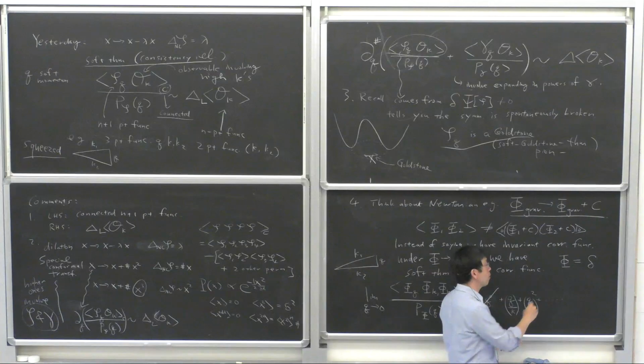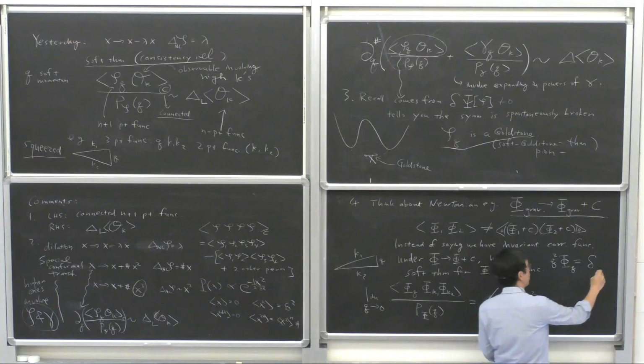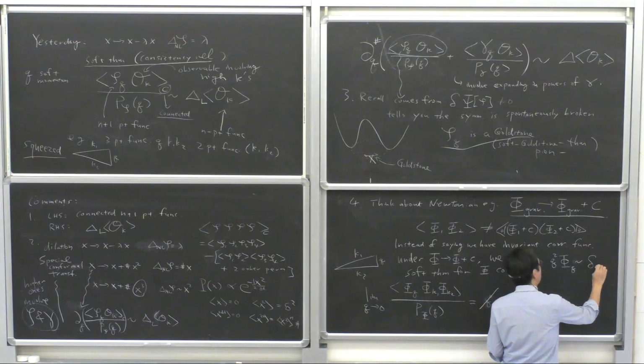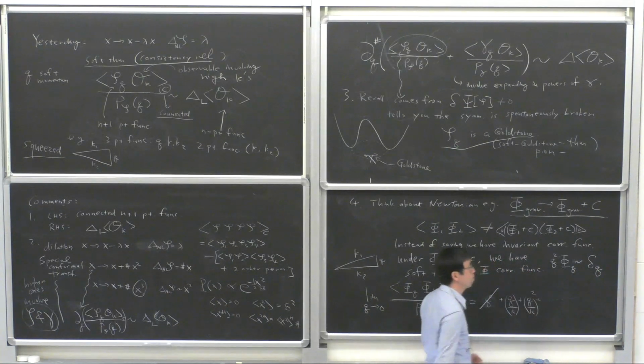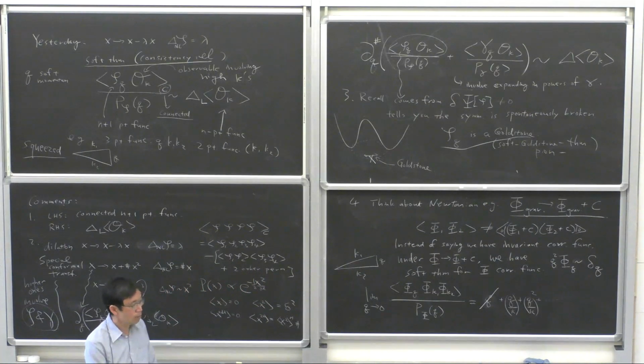So in Fourier space, you would say the Laplacian of phi, which is q squared times phi of q, dropping constants, is of the order of the density fluctuation at the same momentum q. You agree? This is the Poisson equation.